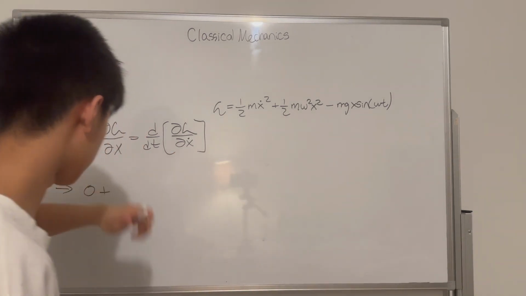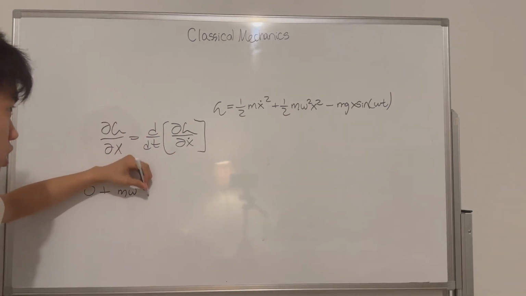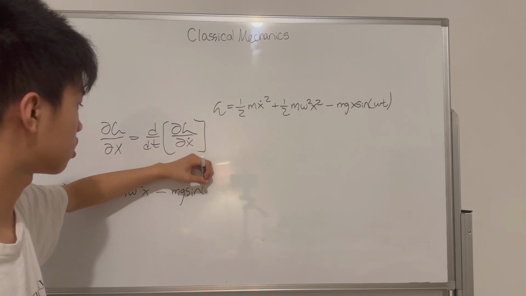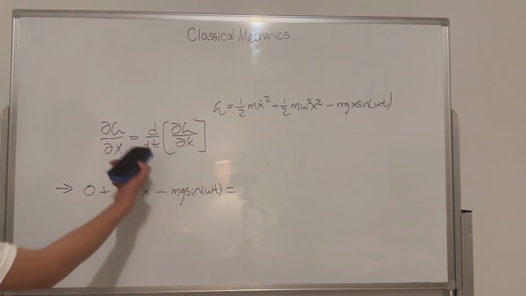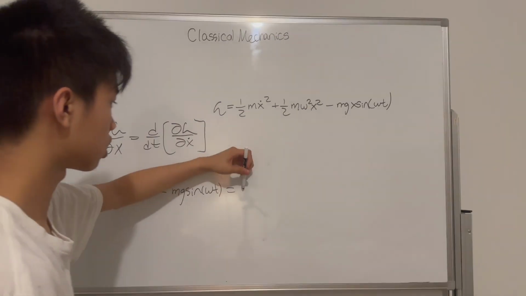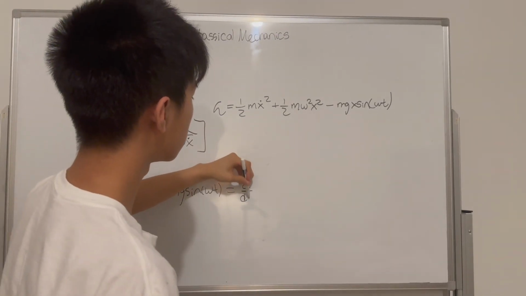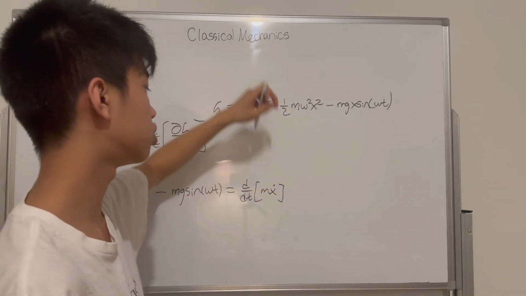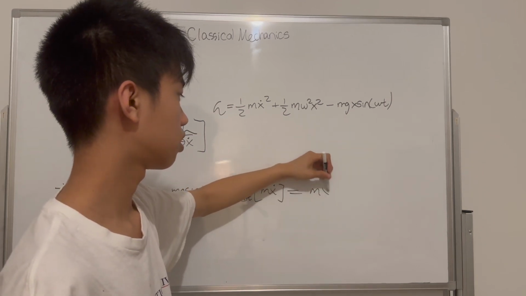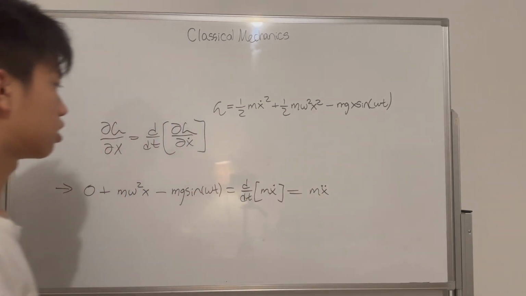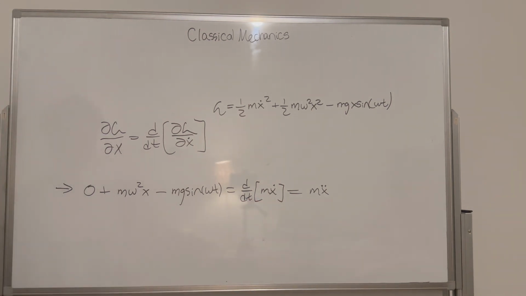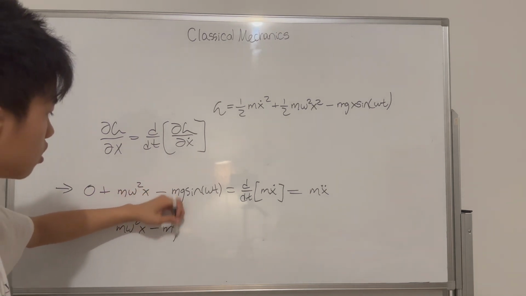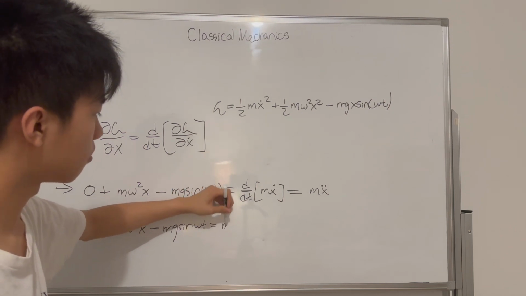Take the derivative, that's just x, so we get m omega squared x minus, you could just differentiate the x, so we get this as a remainder, equals, well, differentiate with respect to x prime, that's just the d dt of m x prime, since that's 2 times 1/2, and then take out the 2 here. So then that's equal to m x double prime, since we're just differentiating x prime. So then we get m omega squared x minus mg sine omega t equals m x double prime.